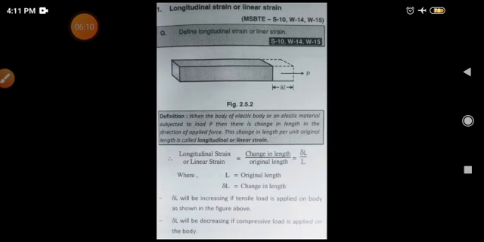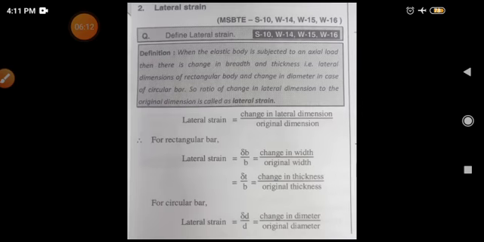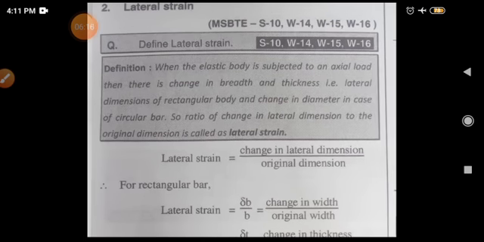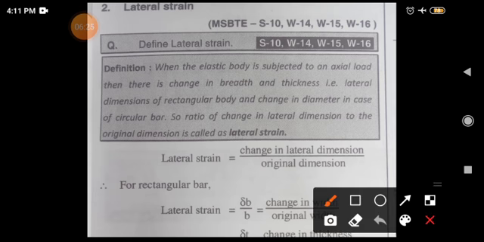Then the next one is lateral strain. Same as longitudinal, lateral strain occurs when the elastic body is subjected to an axial load. Keep in mind this thing, the body is subjected to an axial load. When axial load is applied, there is a change in breadth and thickness.